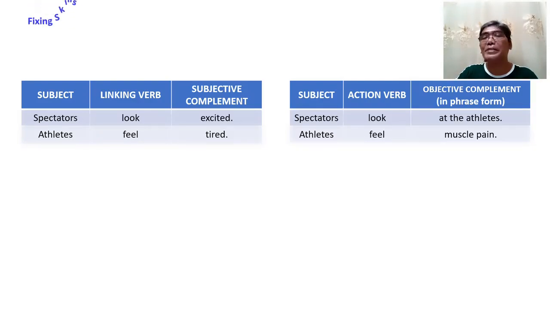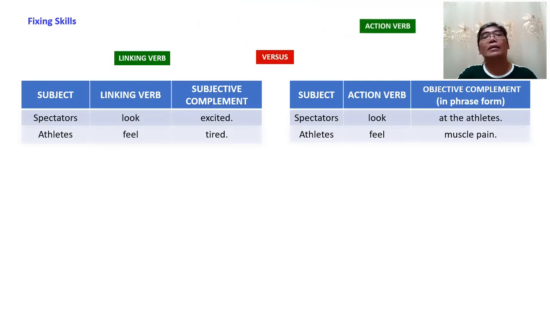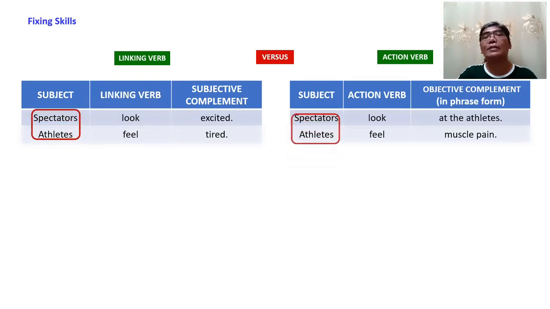Let's now compare the verbs that may either be used as linking verb or action verb. On your screen are two tables showing pairs of sentences with the same subjects, spectators and athletes. These pairs of subjects are followed by the verbs look and feel.